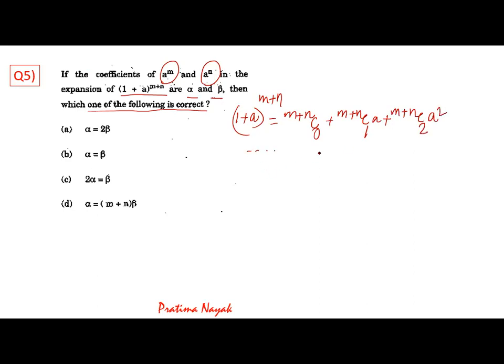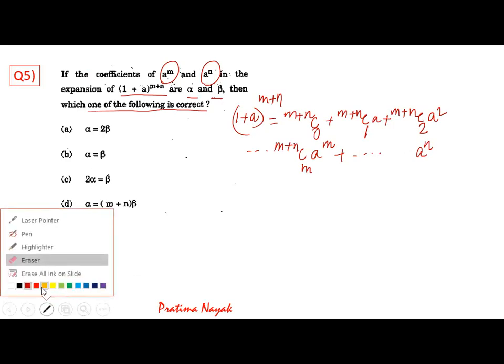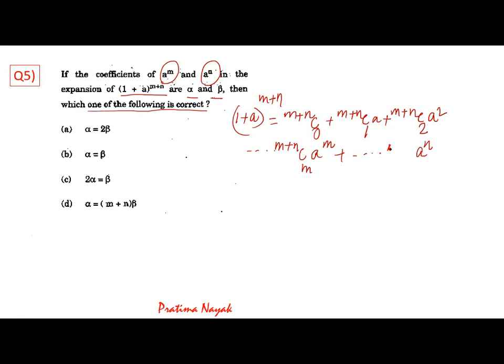So if I want a to the power m, its coefficient will be (m+n)C m. When I want a to the power n, its coefficient will be (m+n)C n.